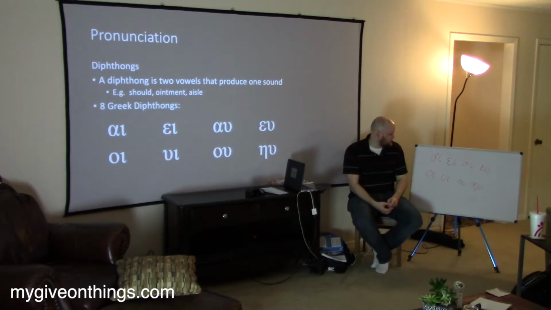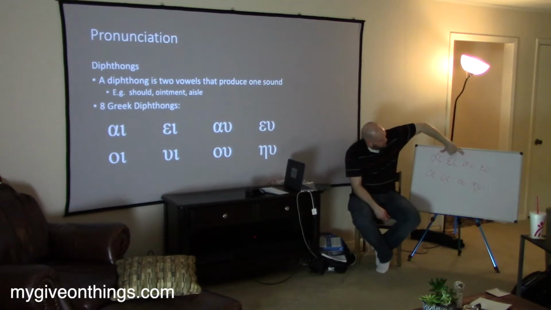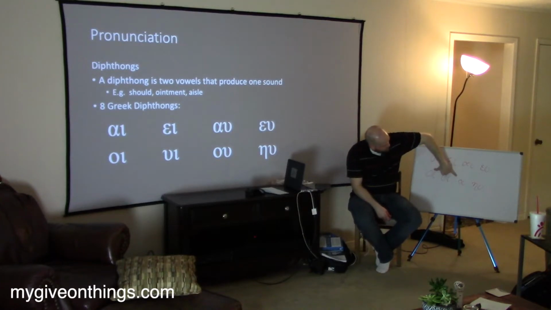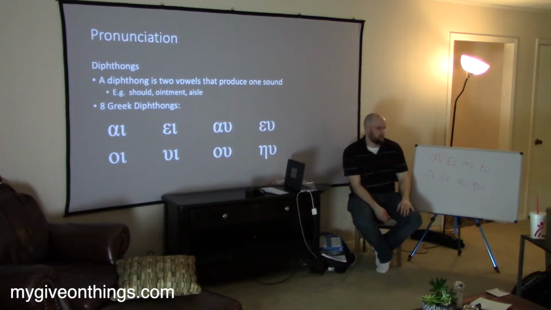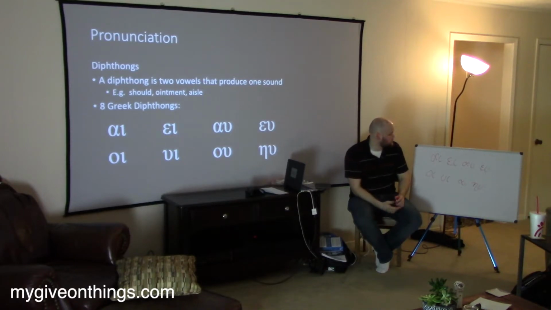What's at the beginning of all of them, or at least 6 of them? Alpha, epsilon, omicron, and then these are the 2 outliers. So there's a little bit of consistency. It has to do with basically how wide your mouth is open when you're saying them. That's just really what it comes down to.